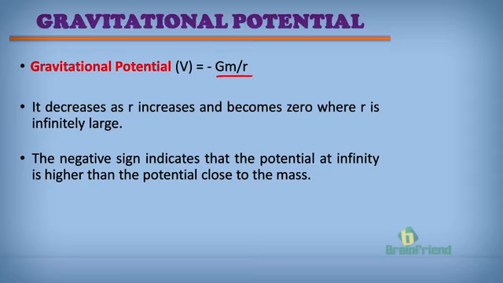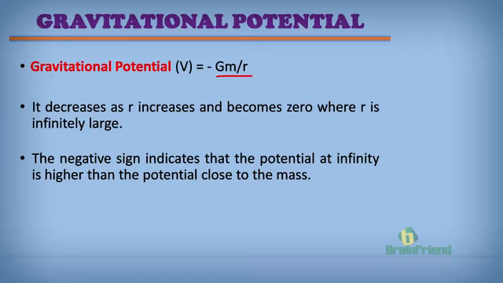Gm over R. That is to say, gravitational potential is simply the gravitational constant times the mass of the object, remember, a unit mass, over what? The distance you are moving it from to the point, the distance between infinity and the point. Of course, G is a constant, M is the mass of the object, while R is the distance. We are not squaring the R this time around. We are just using R.